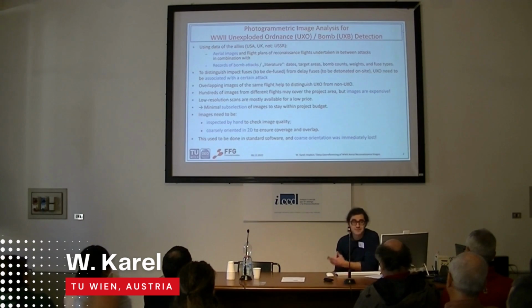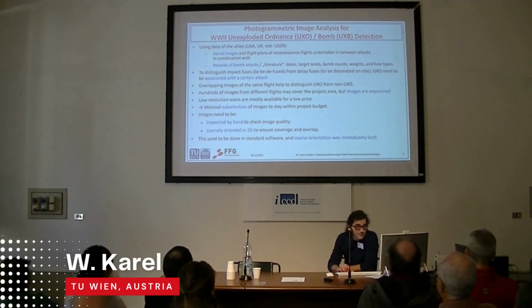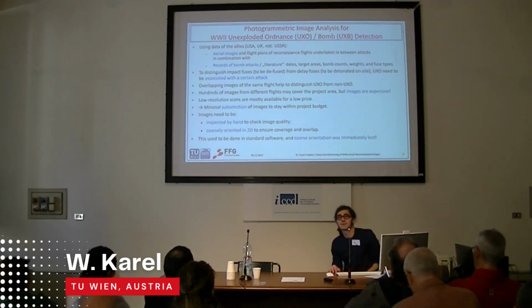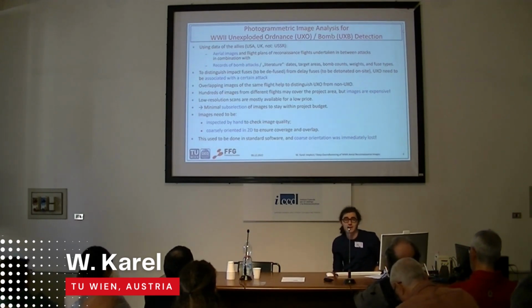If the analysis says that there might be a risk, then the more expensive works proceed, which are then done in the field. And the photogrammetric analysis works first of all on the aerial images together with the flight plans or overlay indexes. So we've seen a presentation by ANCAP, but there's also the US archive of NARA.